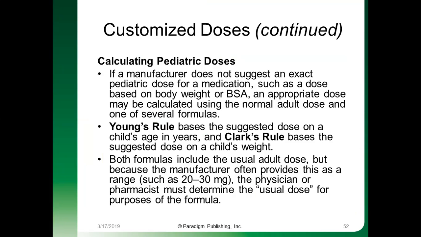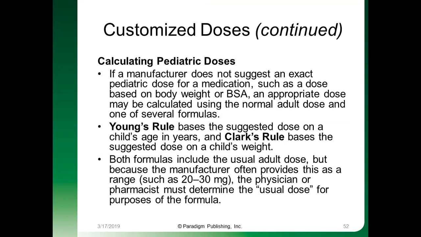Calculating pediatric doses. If a manufacturer does not suggest an exact pediatric dose for a medication, such as a dose based on body weight or BSA, an appropriate dose may be calculated using the normal adult dose and one of several formulas.